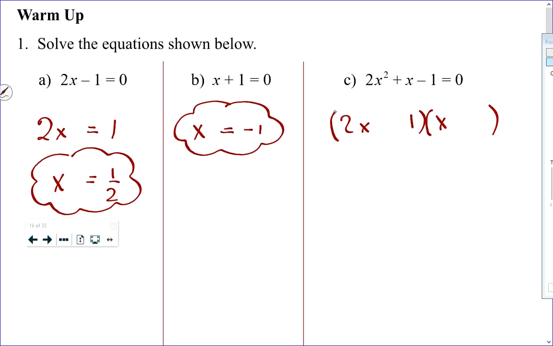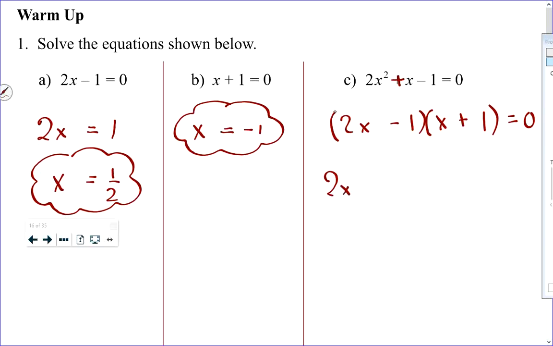It has to contain a 1 and a 1, regardless of which one's positive and which one's negative. The numbers themselves have to be 1. And we need a positive 1x in the middle. So when I FOIL this out, I'm going to need to have 2x and negative x to give the 1x. Don't forget this is equal to 0.